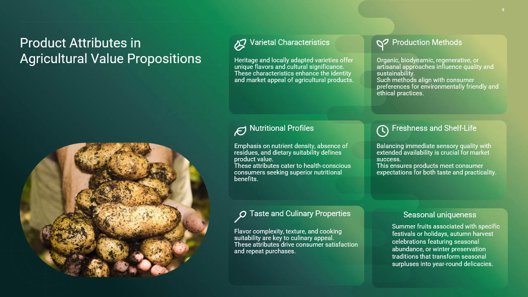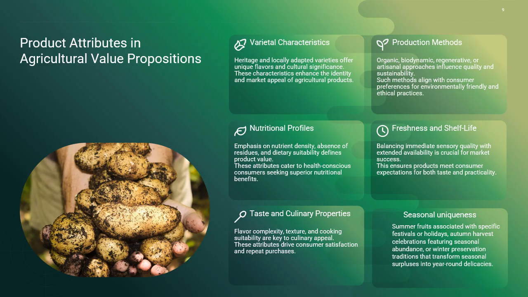For instance, traditional Transylvanian apple varieties grown in Romanian orchards provide flavor profiles and historical connections that modern commercial varieties cannot match. These characteristics enhance both the identity and market appeal of agricultural products, creating differentiation based on genetic uniqueness.